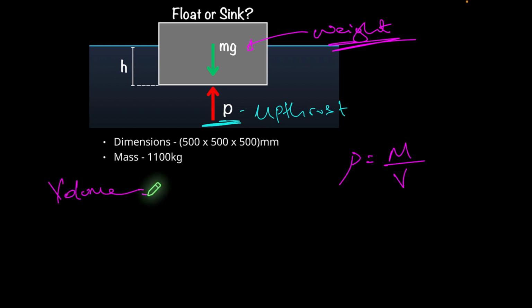Because this is just 500 by 500, it's quite straightforward. So we'll just do 0.5 cubed, or just 0.5 times 0.5 times 0.5, and that will give us the volume. And that's because this is a cube. So depending on the shape, we'll have different formulas that we use to calculate our volume.